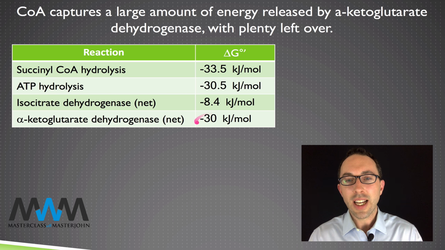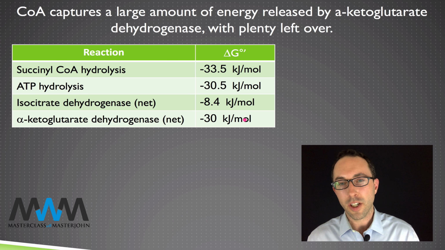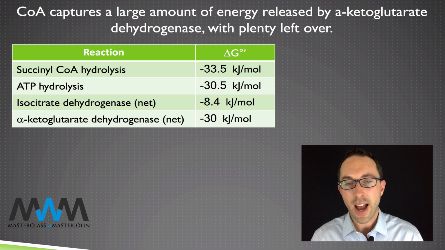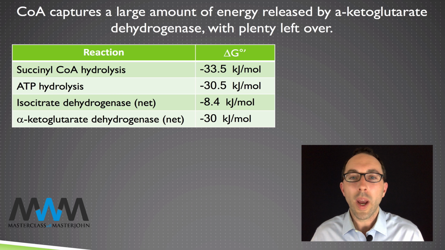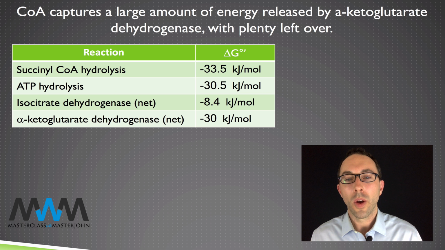So this large negative delta G is more than enough to provide directionality for that reaction. And that means that if we had released twice as much energy, we would have been wasting it because we released enough. We want to save what we can save to make ATP.